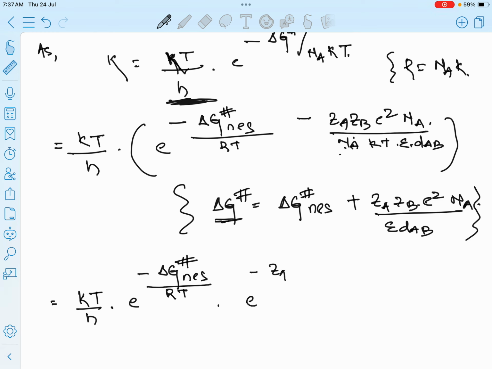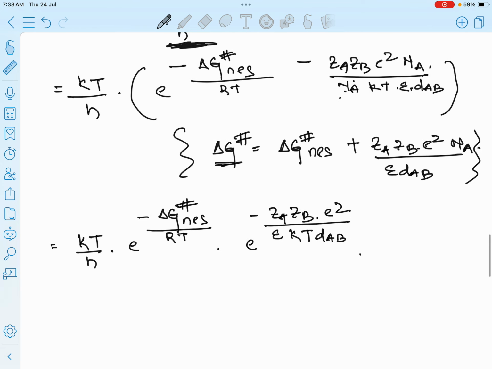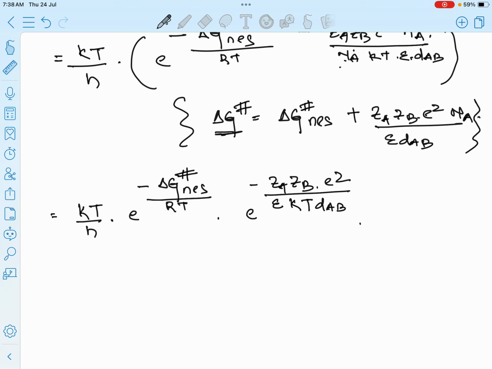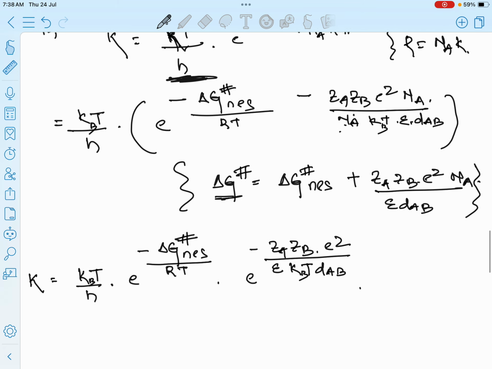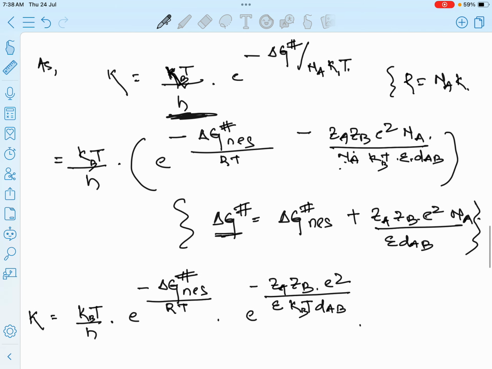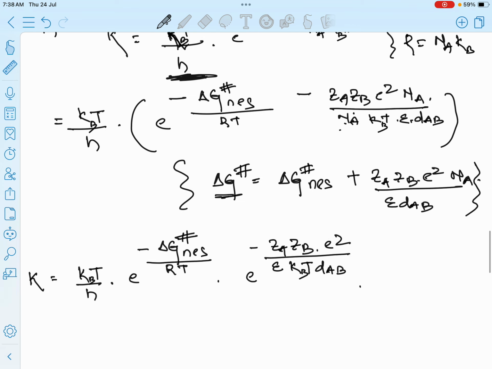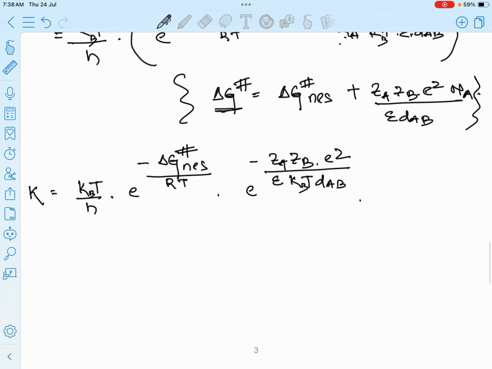Therefore, this is equal to ZA ZB E square by epsilon kT dAB. And N gets cancelled out. And therefore, this is the rate constant. This is the KB term, the Boltzmann constant term. Okay, taking ln on both sides.